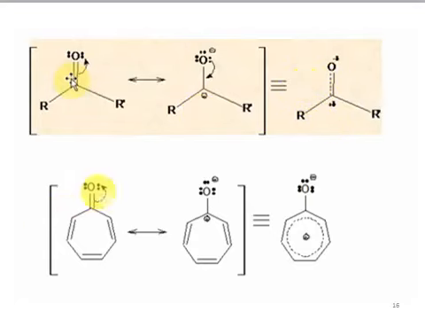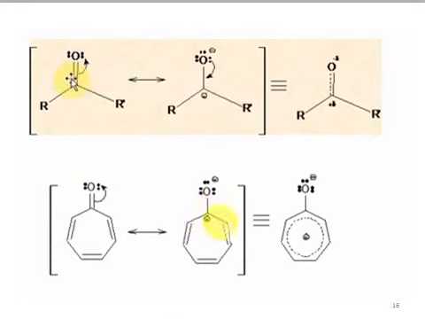But if this system is not conjugated, this is not proper resonance. But if this carbonyl is part of a conjugated system like this one, just draw the arrow towards the oxygen or any electronegative atom here. So here we will get a positive charge on carbon and a negative charge on oxygen, like that.